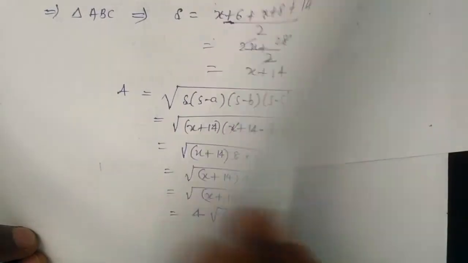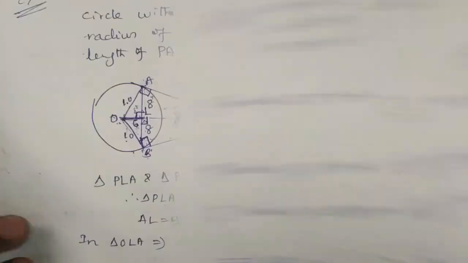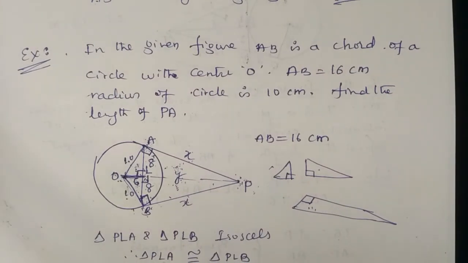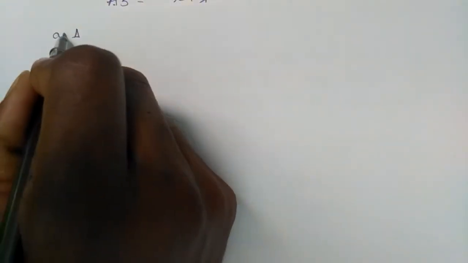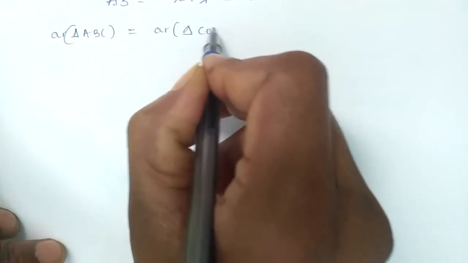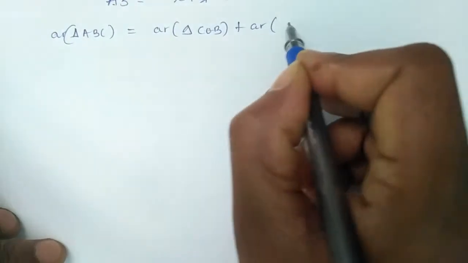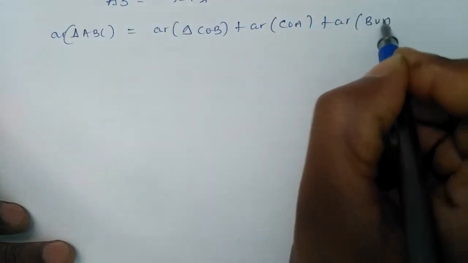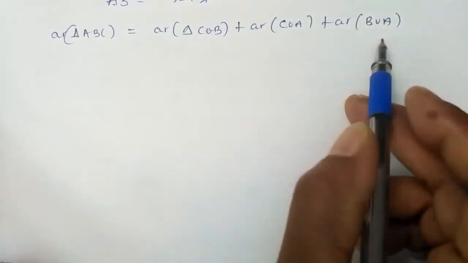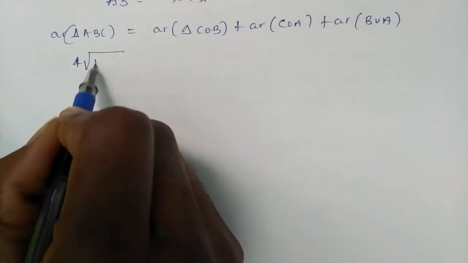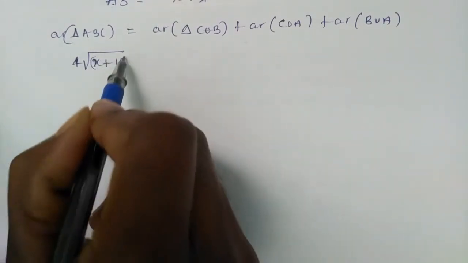Now the area of the big triangle is equal to the sum of the areas of the three triangles. Area of triangle ABC is equal to area of triangle COB plus area of triangle COA plus area of triangle BOA. Area of the big triangle we got as 4 root of x plus 14 into 3x.